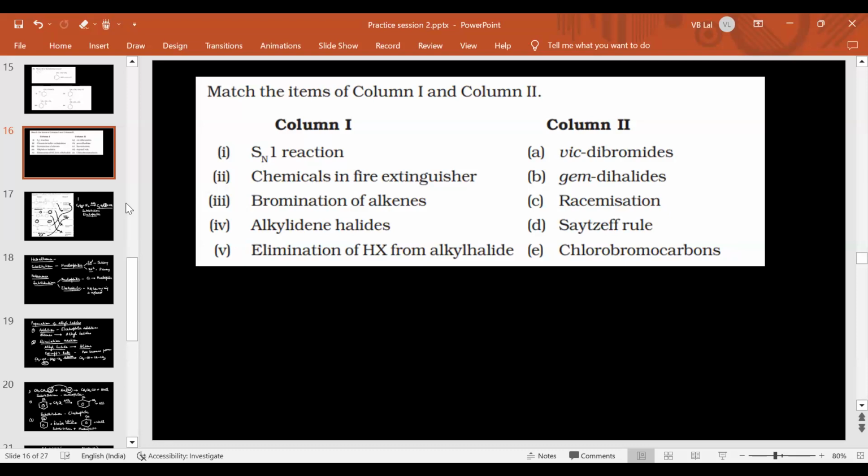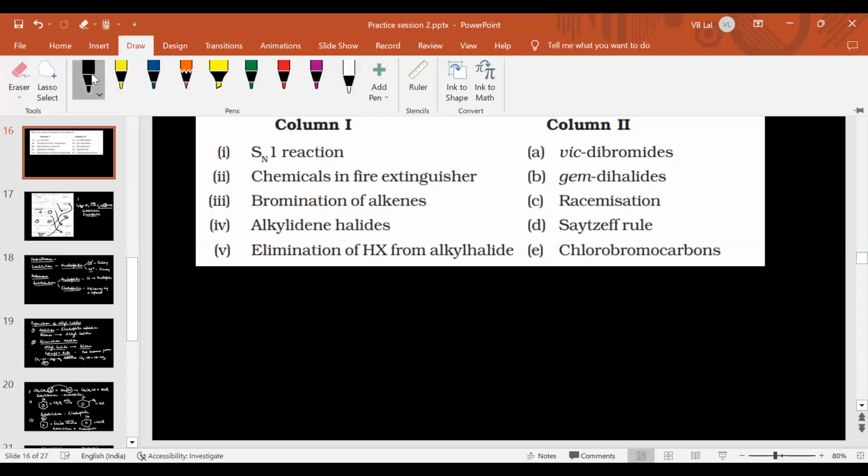Chemicals in fire extinguisher, they are fluorobromocarbons. SN1 reaction, it is racemization. Yes. So let me get a marker.